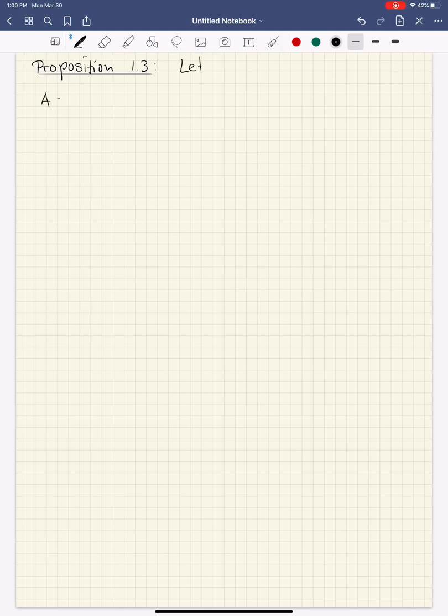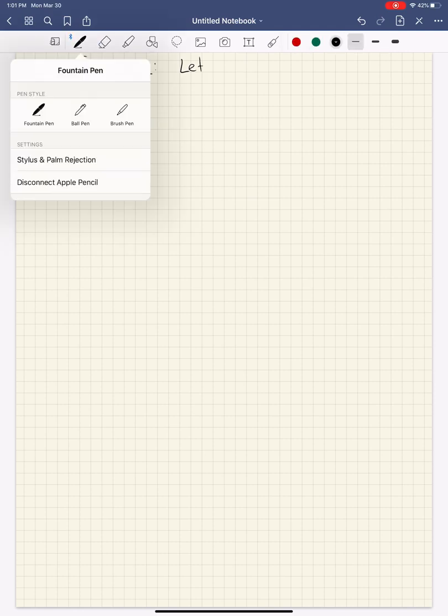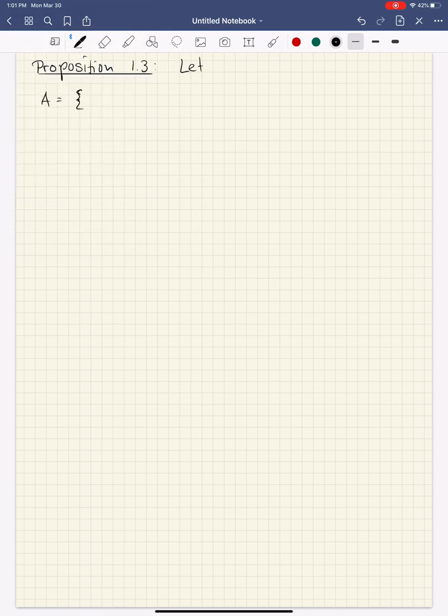Let A be equal to the set of integers z, and we demand two properties. The first property is that z is greater than 0, and z is divisible by 4.